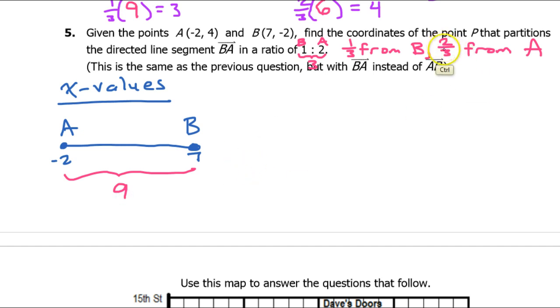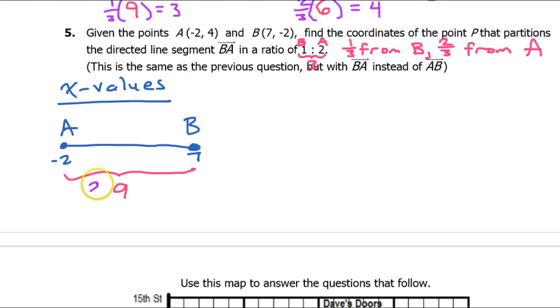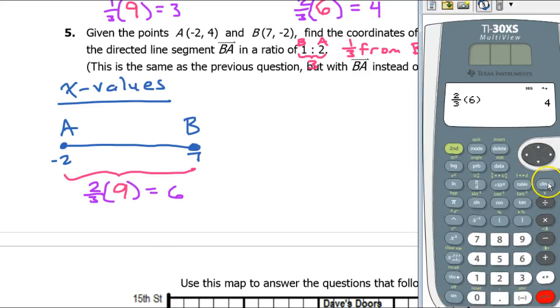But this time we're going 2/3 of the way from A. Okay, so that's why this time we're going to do 2/3 of this. All right, 3 goes into 9 3 times. 2 times 3 is 6. So I know this is going to be 6. If you did not follow that, you could use a calculator and do 2/3 of 9 that way. So that's 6, like I said.